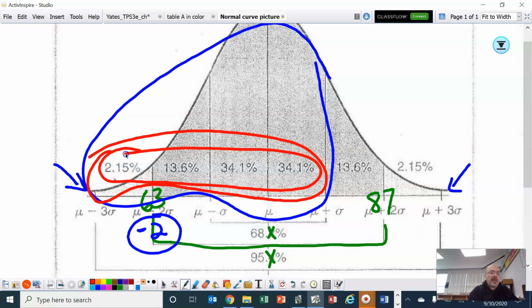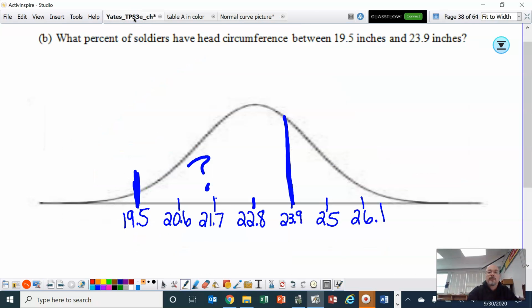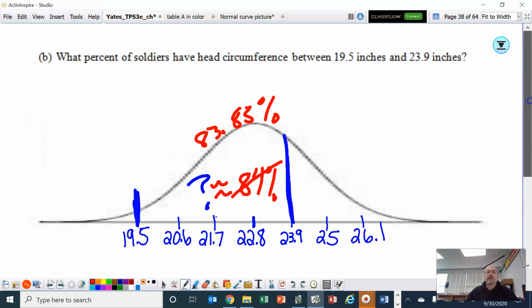So you're just going to take those and you're going to add them together, right? Okay, and again, you're going to end up with approximately 84%. Okay, I think it's more like 83.85. I think that's the more accurate one. Okay, but again, it's approximately 84%.